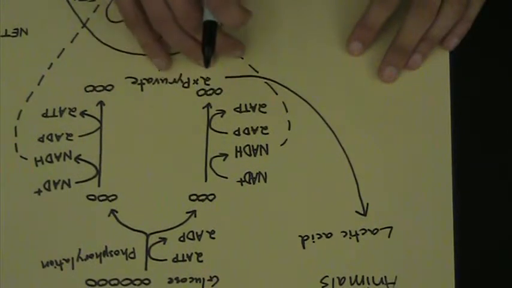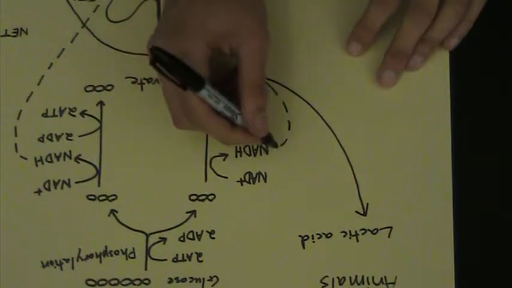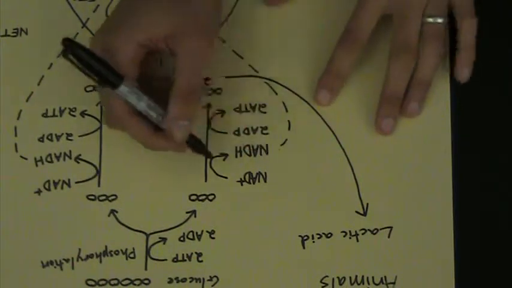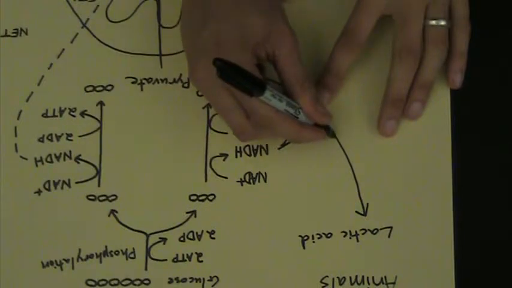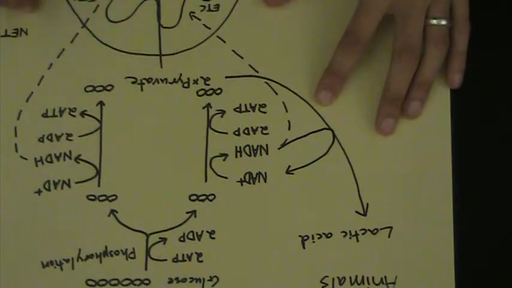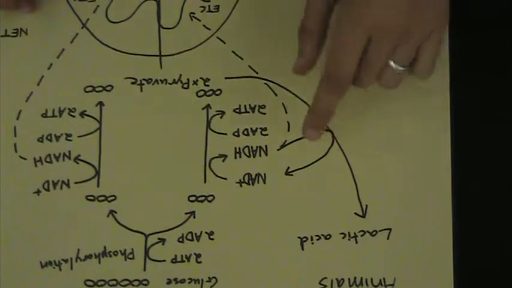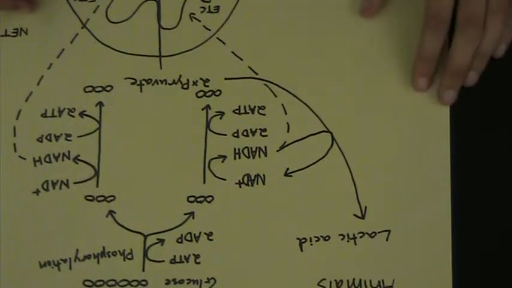Remember, the whole point of this conversion from pyruvate to lactic acid is to regenerate the NAD+. So we take in the NADH, and the NAD+ is produced. This is a reduction reaction because the NADH is giving its electrons to the pyruvate.